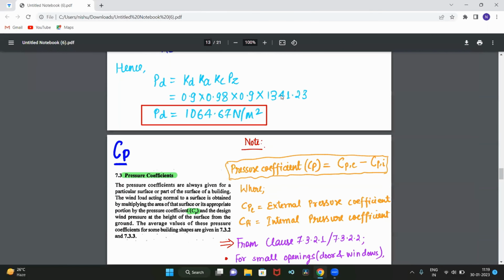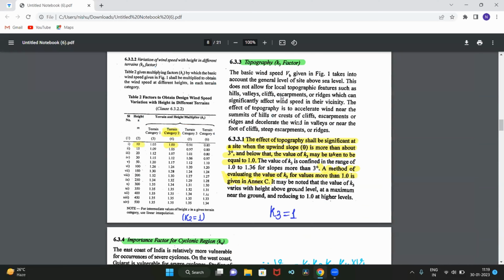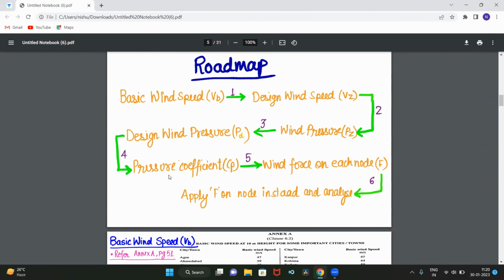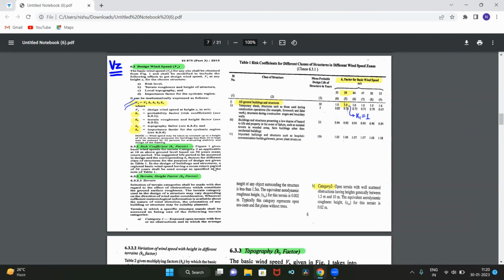Let me show you again. As you can see, after calculating pressure coefficient, we have to calculate wind force on each node. So these pressure coefficient values will be required in the formula for calculation of wind force on each node. So let us see how to calculate pressure coefficient.